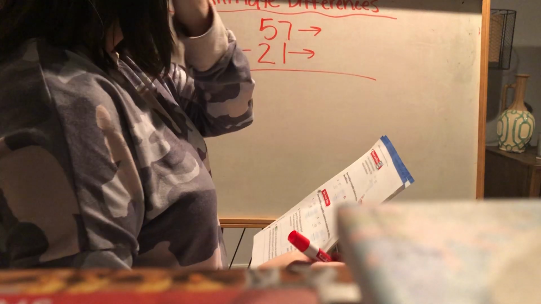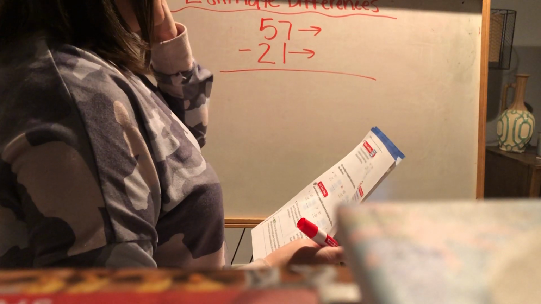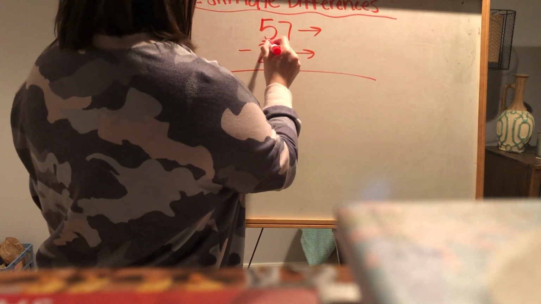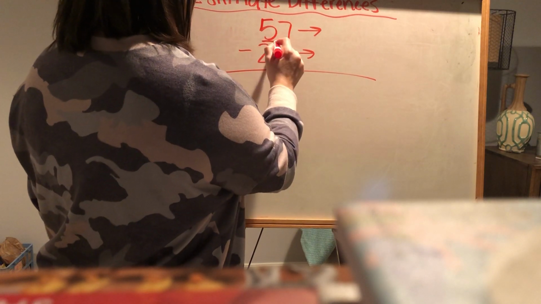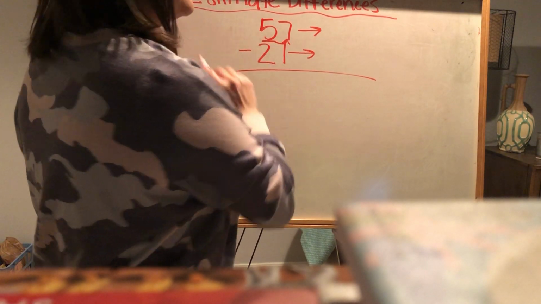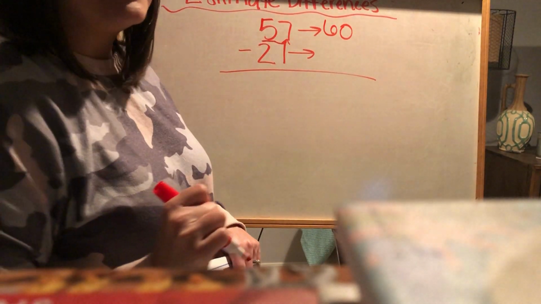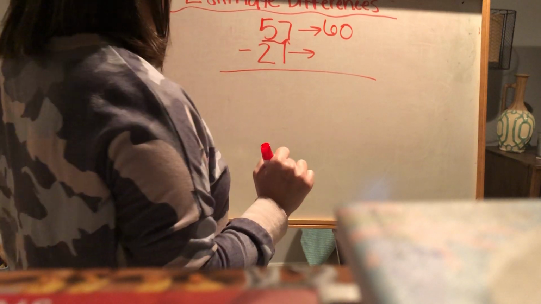So these are double-digit numbers, so we can only estimate to the nearest 10. So here we have 57. So look at your 5, that's in your tens place, and we go over to the 7. The 7 is above a 5. So you're going to be changing that 5 to a 6 and estimating it to be about 60.